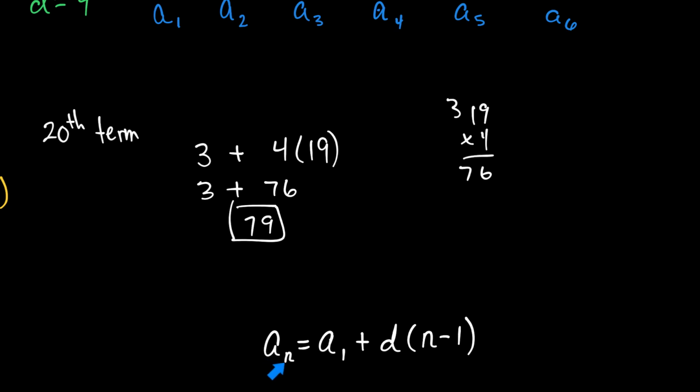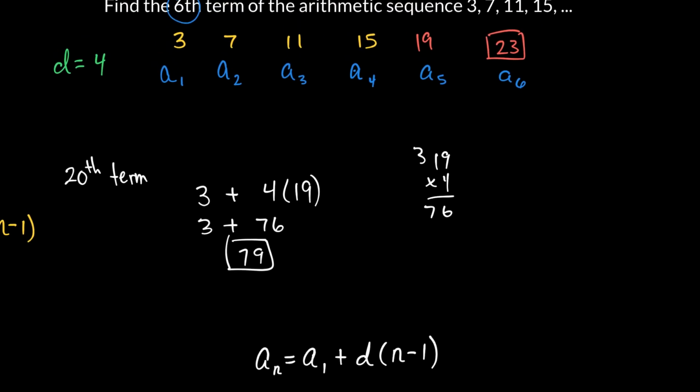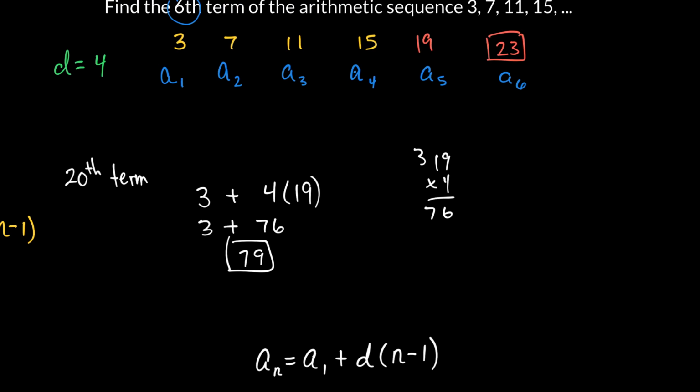The a sub n, the n is the number of the term. In this case, n was the 20th term here. A sub 1, if you remember over here, was 3. A sub 1 is always your very first number in your sequence.